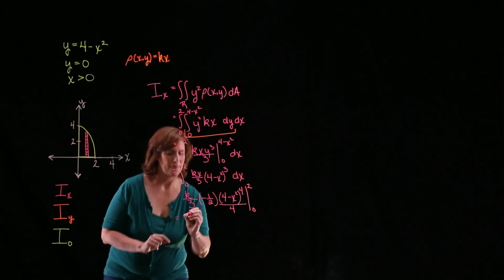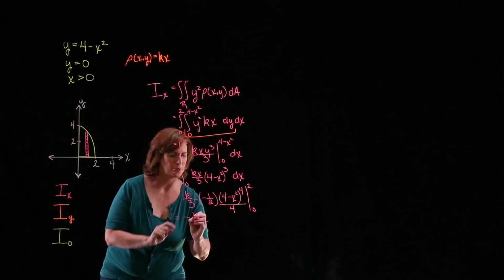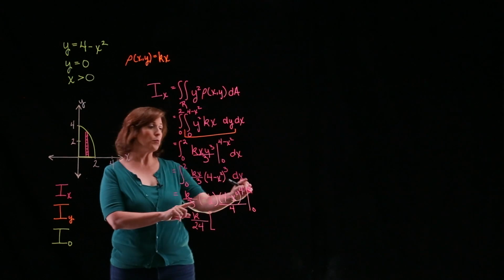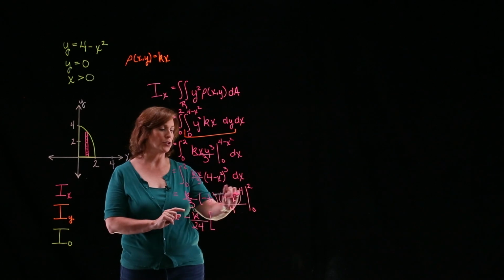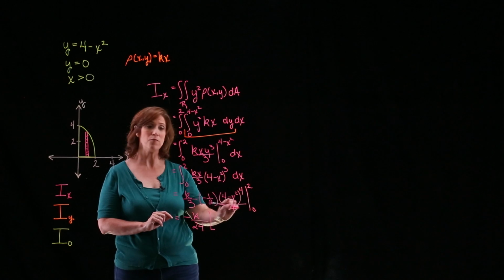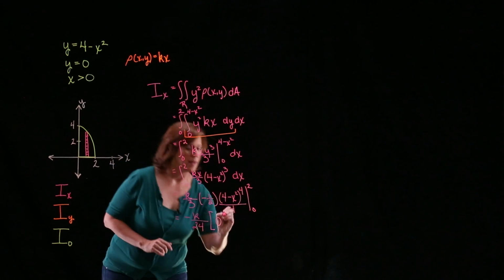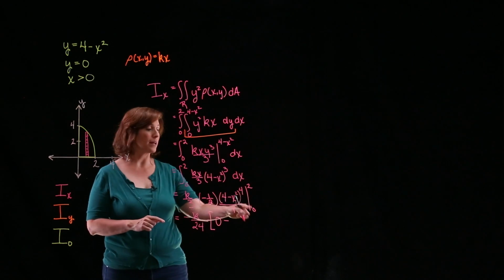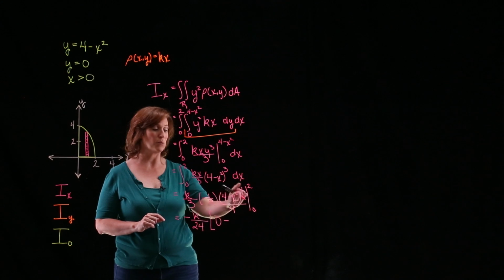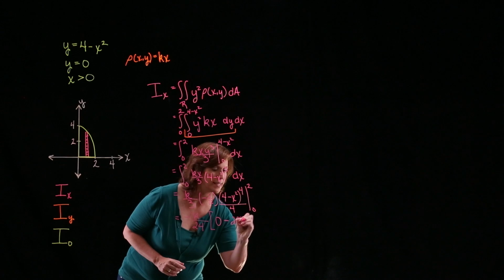I notice that I have a minus k all over 3 times 2 times 4, so that's 24 as a constant. And now we're going to plug our upper limit of integration into 4 minus x squared to the 4th power. Well, when x equals 2, this will be 4 minus 4, which is 0 to the 4th power. That's just 0. Now I need to subtract what happens when I plug in my lower limit of 0. So if I plug 0 in here, I will have 4 minus 0 to the 4th, which is 4 to the 4th, or 256.